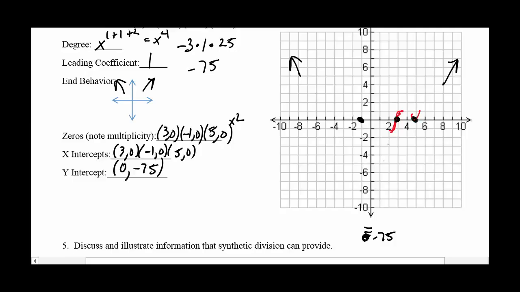At that point, I know it's going to hit here at some point, have to turn around, which means it's going to be below the x-axis when it comes here. So it's going to have to cross somehow like that. Next task is to connect the information in a somewhat smooth and continuous curve. Gonna have to turn around and then bounce. Okay, so our graph looks something like that.